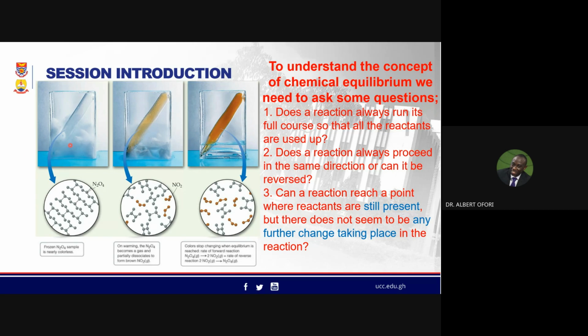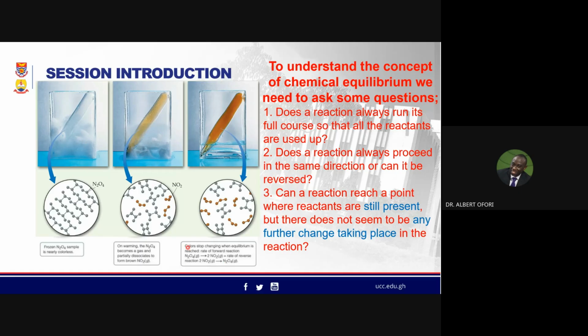In the first scenario, this is the dinitrogen tetraoxide in that glass tube with the water. It is trying to escape, and when it begins to escape, it begins forming nitrogen dioxide. It will get to a point where the dinitrogen tetraoxide is being converted to nitrogen dioxide, but instead of converting all of it, the nitrogen dioxide is also forming back dinitrogen tetraoxide.